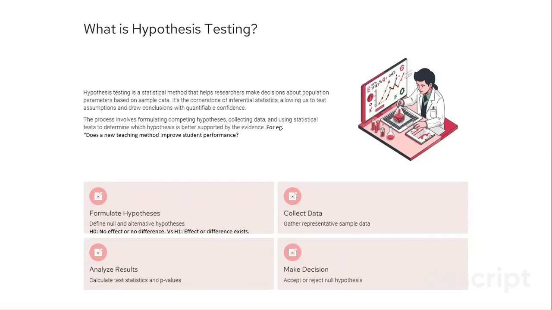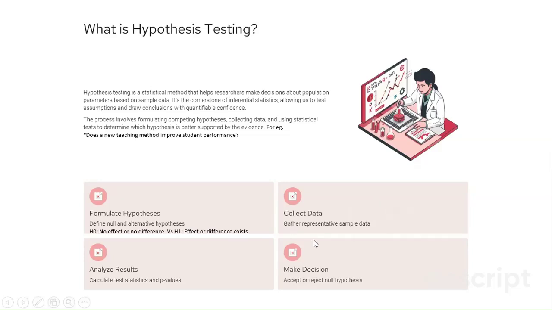Hypothesis testing is a statistical method used to make decisions based on sample data. Instead of guessing, we use evidence from data to decide whether a claim is likely to be true or false. For example, suppose we want to check whether a new teaching method improves marks.